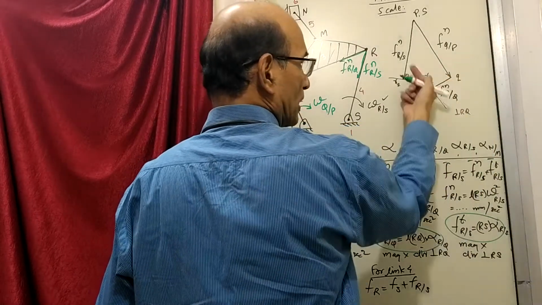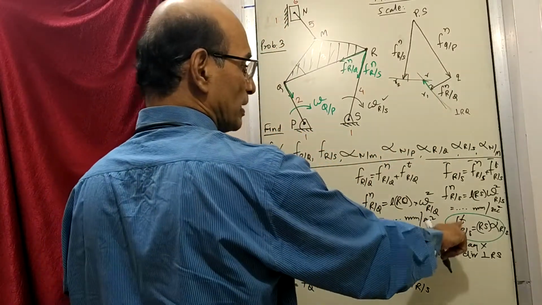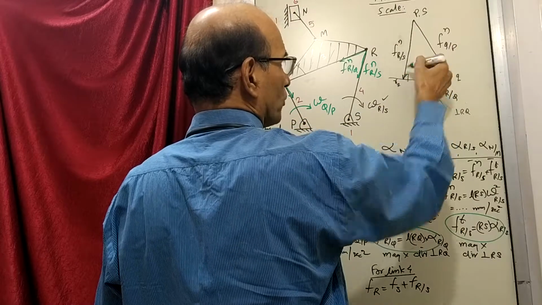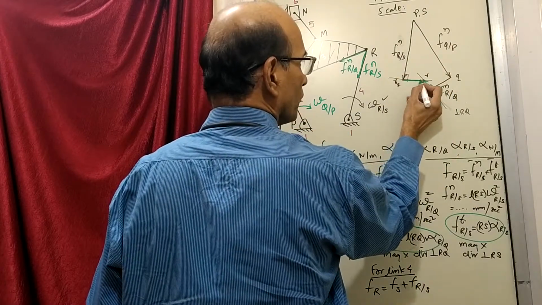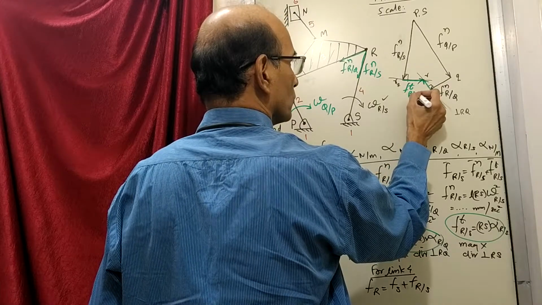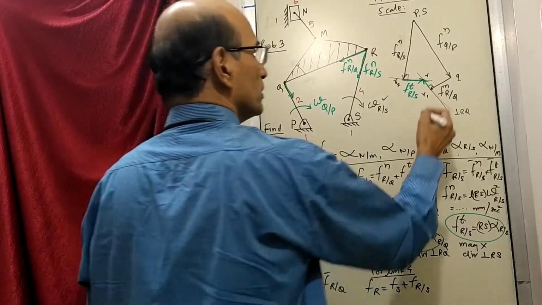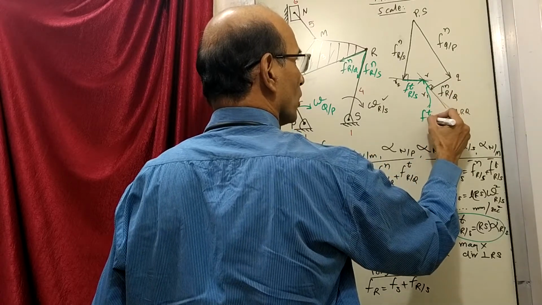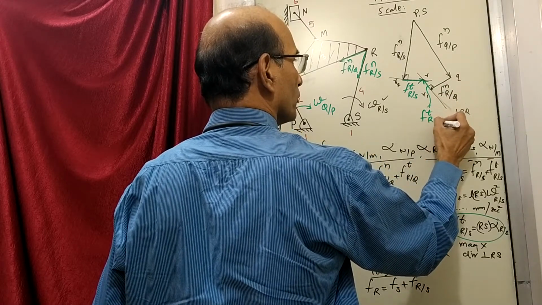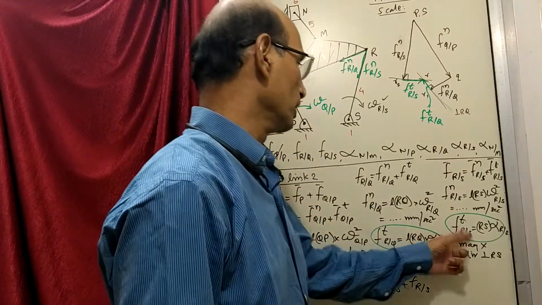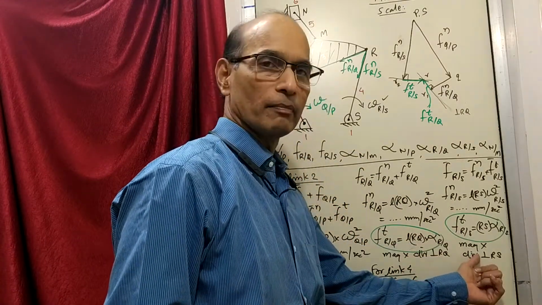This is normal, this is tangential. Similarly, tangential of R with respect to S. See, this was normal R with respect to S. Now this is tangential of R with respect to S. Okay, this is F tangential of R with respect to Q. So we have found out the two things which were earlier not known by their magnitude.